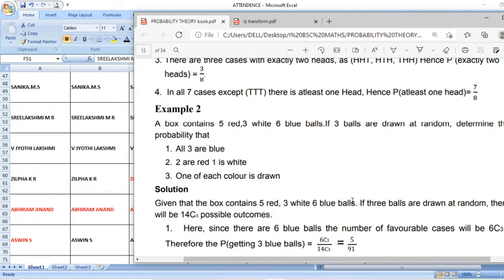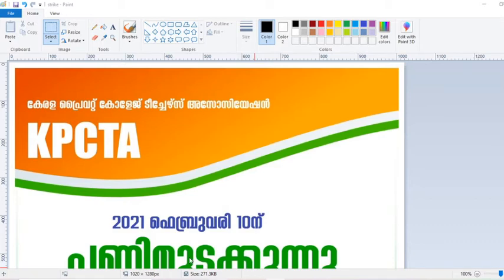Second case, 2 are red, 1 is white. Third case, 1 of each color is drawn. Let us look at each one. Total 5 plus 3 plus 6, that means 8 plus 6, 14 balls are there. You can draw a picture.